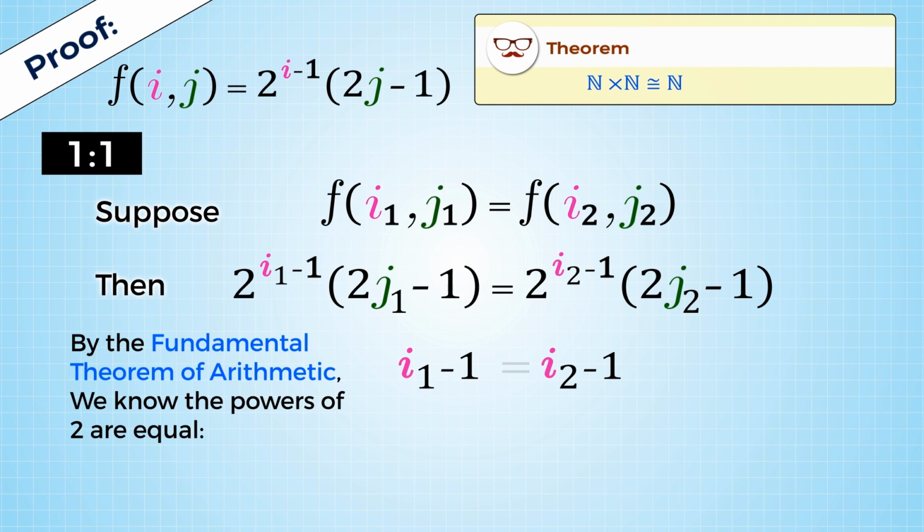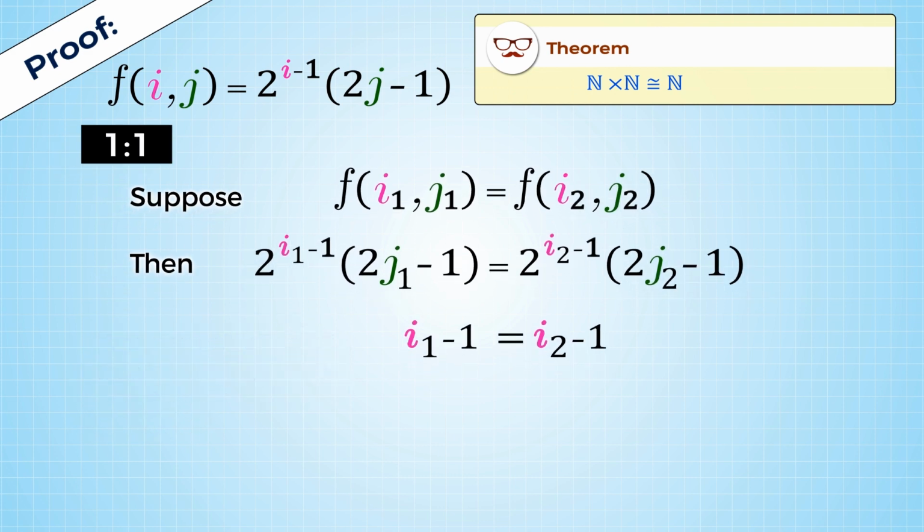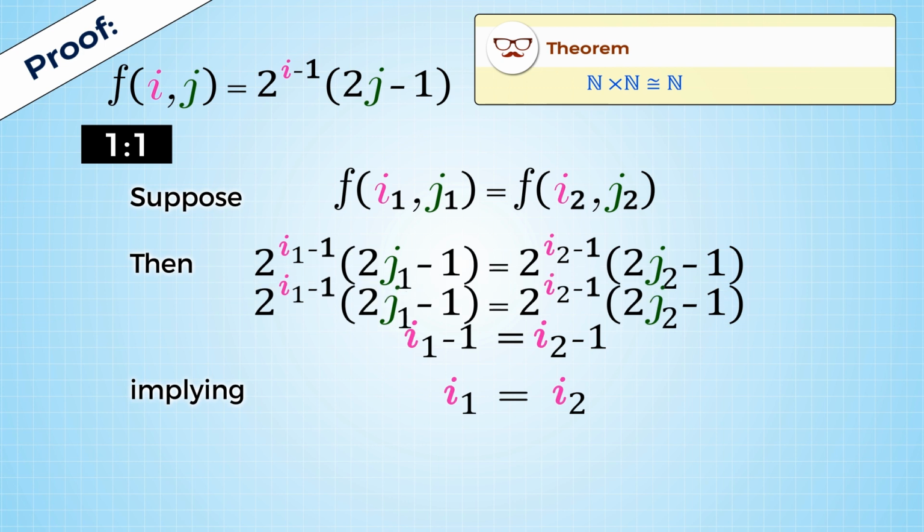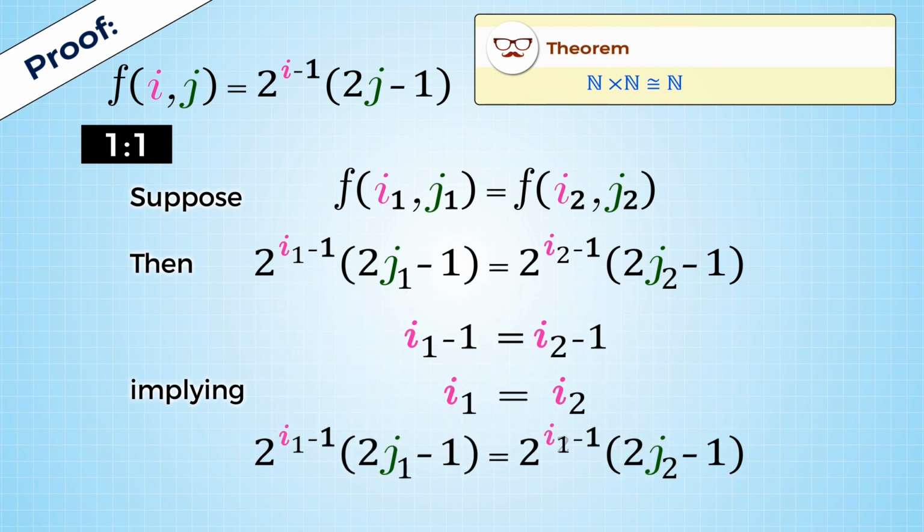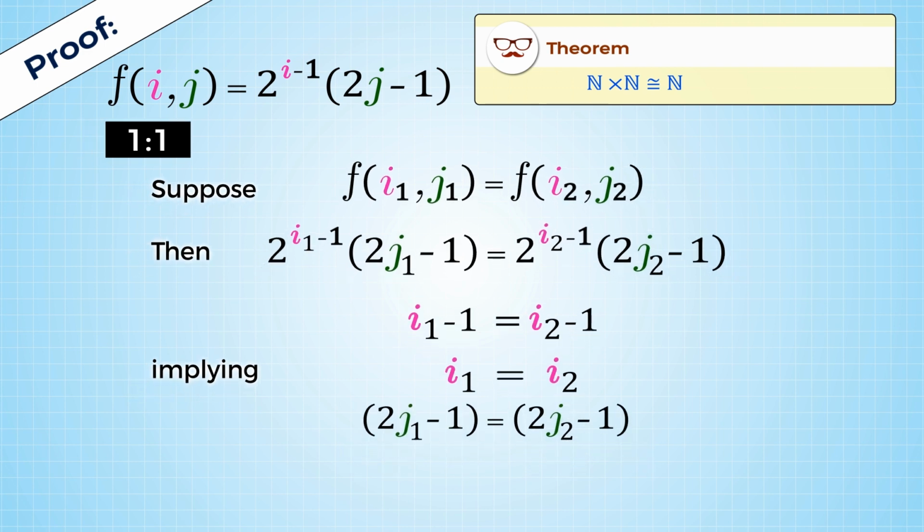So i1-1 equals i2-1, implying i1 equals i2. Dividing out 2^(i1-1), we get 2j1-1 equals 2j2-1, and thus j1 equals j2.